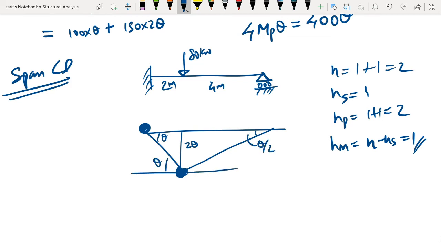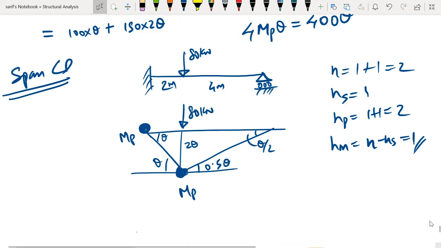So this angle is theta and this angle is 0.5 theta. And this particular point C is the junction of 1.5 Mp and Mp. Therefore we have to choose Mp here, and here also it is Mp. So this concludes the geometry of the mechanism for the span CD.